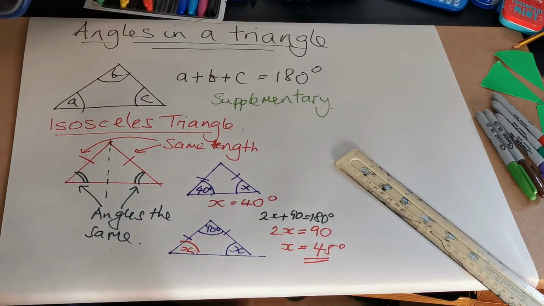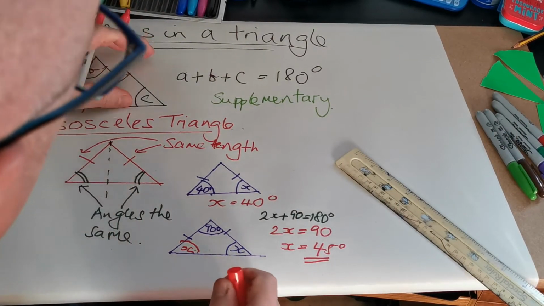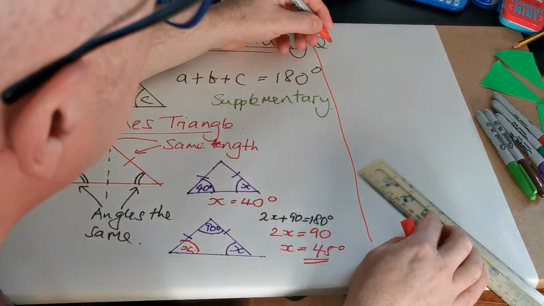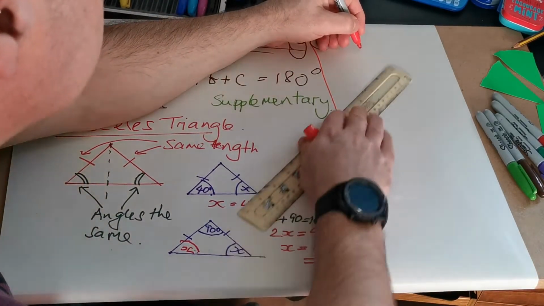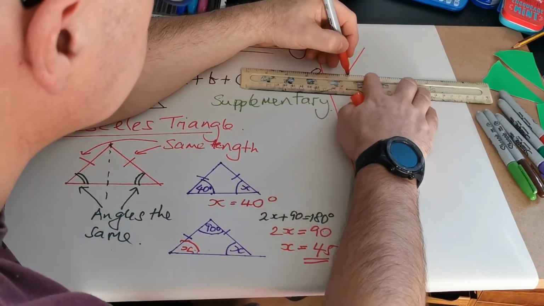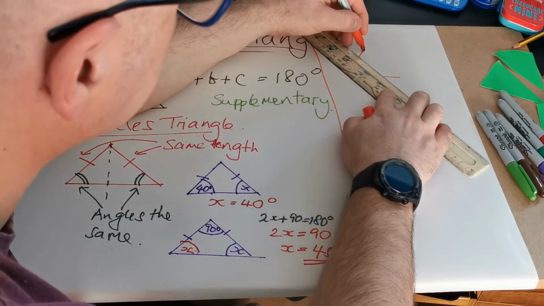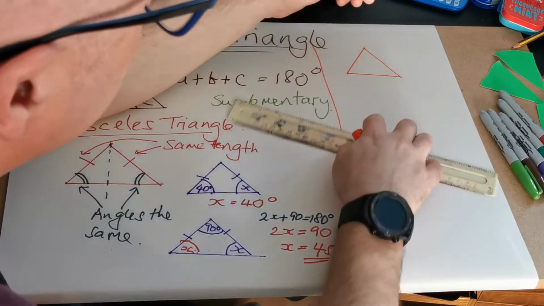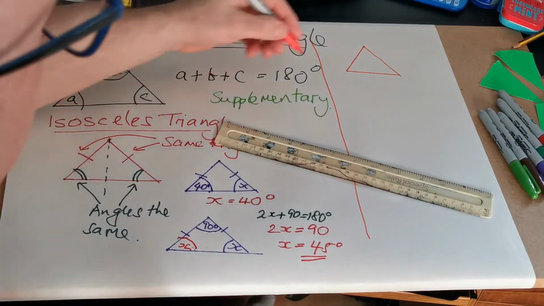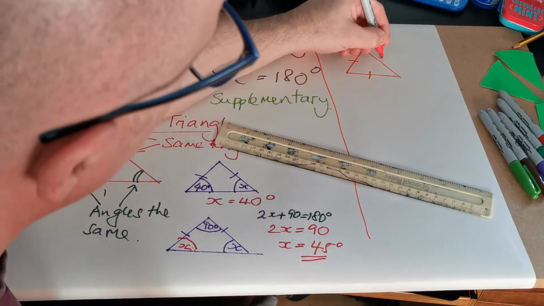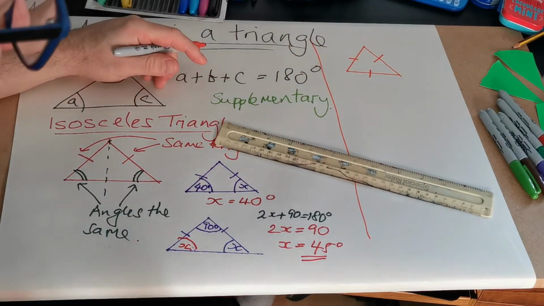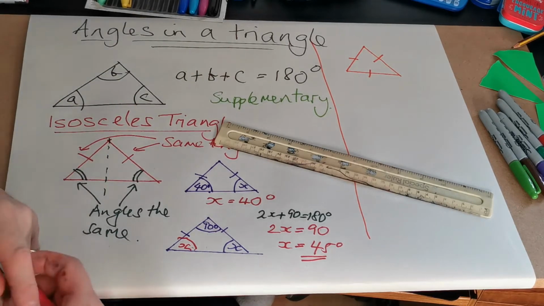Now, the third case I want to look at, so 1, 2, 3, is the equilateral triangle. And in an equilateral triangle, that means equal sides. The word lateral means side, literally.